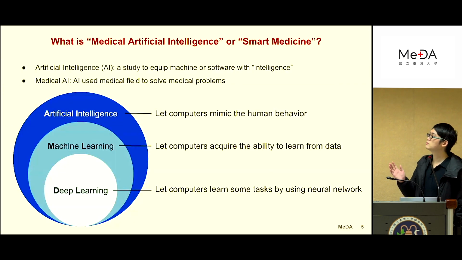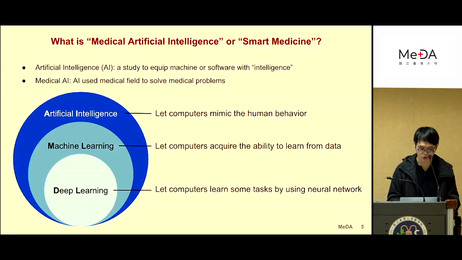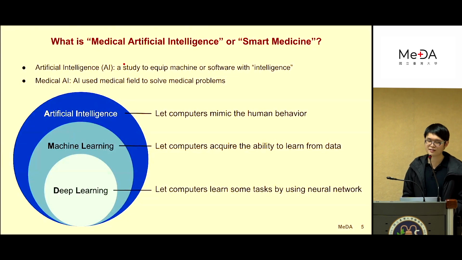Now we'll start to introduce what you will learn and what you will see in this whole workshop. This workshop is around the topic called medical AI, or medical artificial intelligence, or smart medicine. First, let me introduce what AI is. It's a very popular term recently.